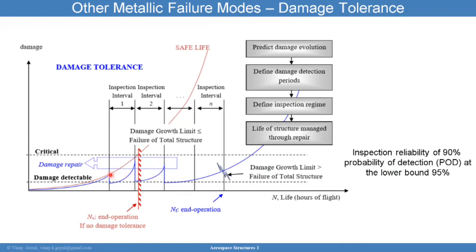And you typically will then, for an aircraft particularly, develop inspection intervals. Those inspection intervals will define when you want to do those inspections. So maybe every 3,000 hours, maybe every 10,000 hours. It depends on the component. Some components require inspection intervals that are shorter than others.